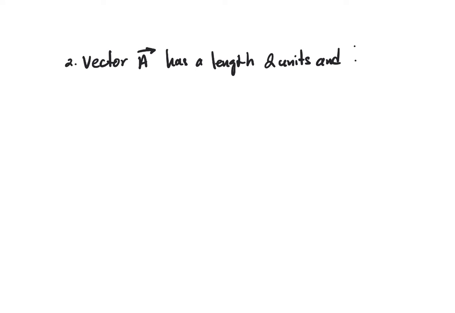All right, so let's go on to question number 2 on test 1. It says vector A has a length of two units and directed to the north.